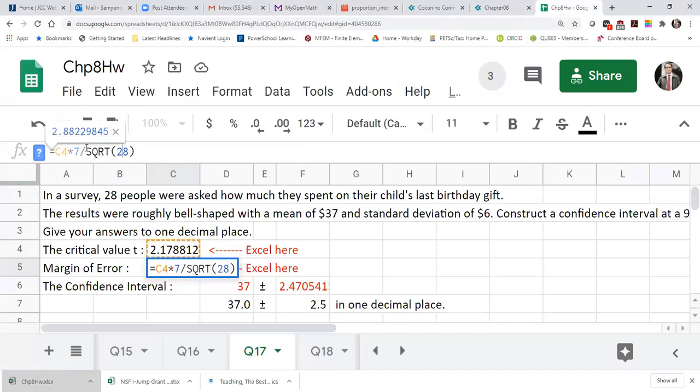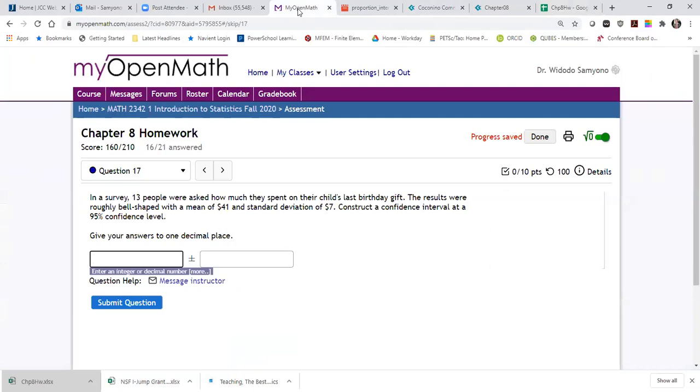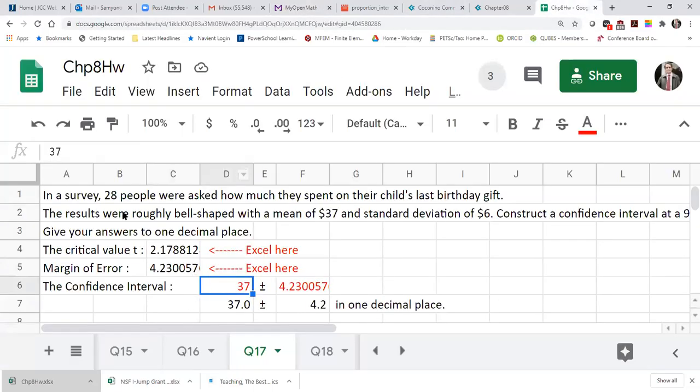The sample size 13. And the mean in the Excel is 37, but the mean here will be 41. Simply just put 41.